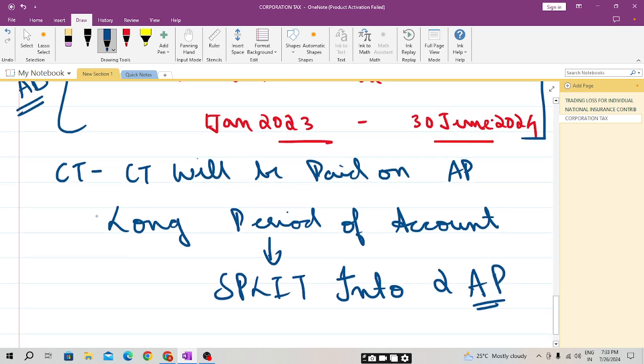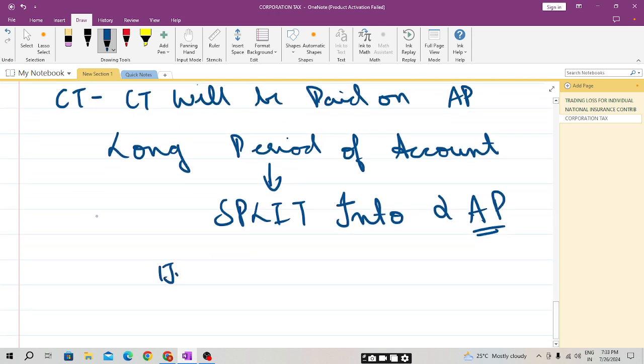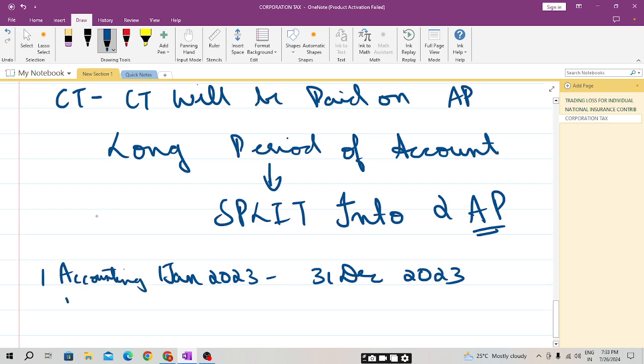So in our case it will be 1st Jan 2023 to 31st December 2023. This will be our first accounting period, known as the 12 months long period.